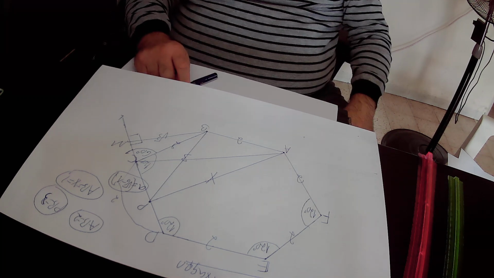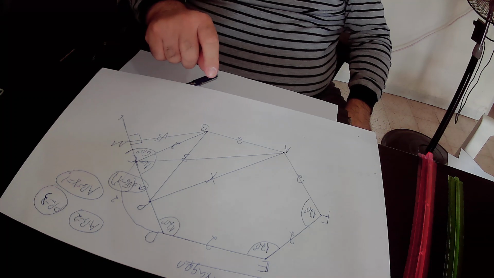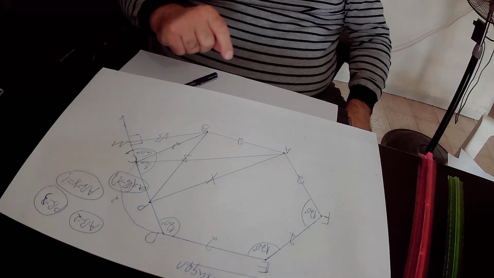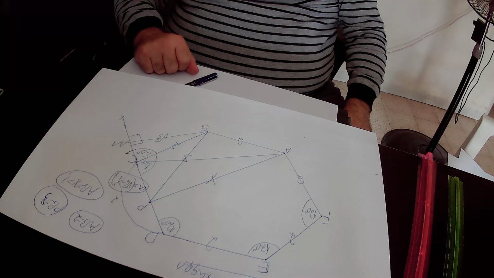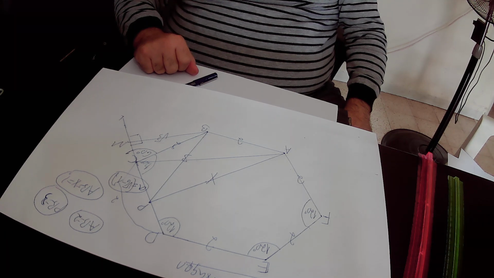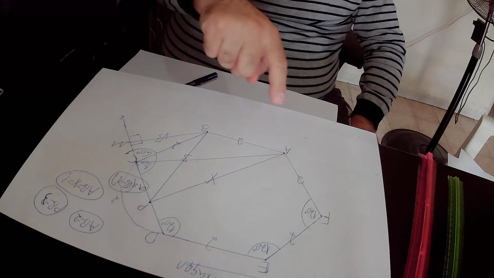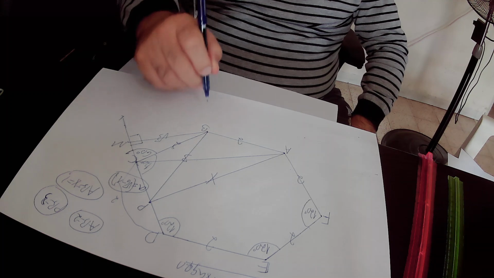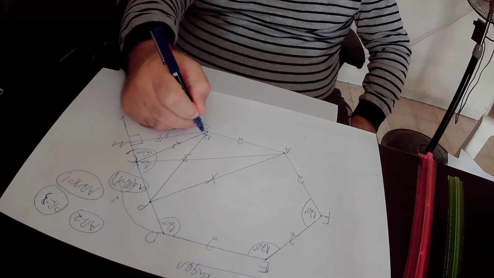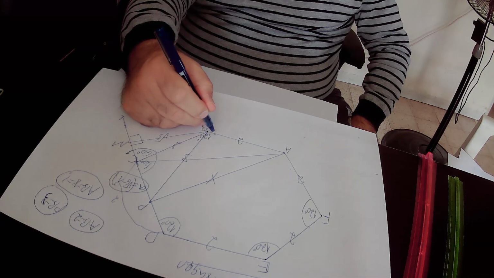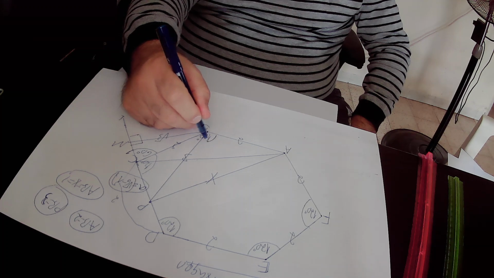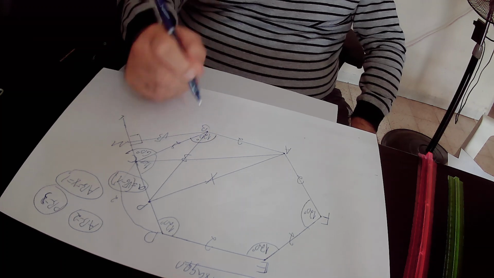In triangle ABC, this angle ABC equals 120 degrees because it is one of the 6 interior angles of the regular hexagon ABCDEF. All the interior angles of the regular hexagon are equal to each other, and each of them is equal to 120 degrees.